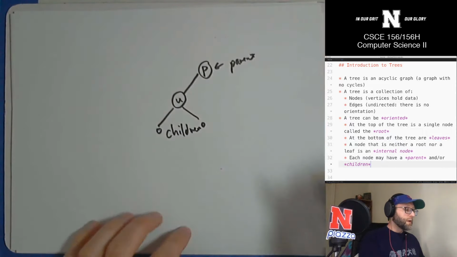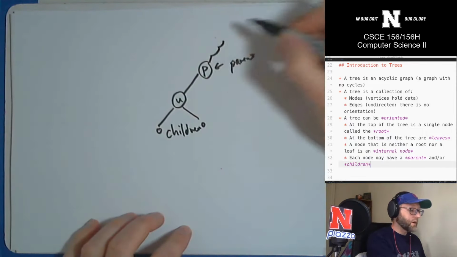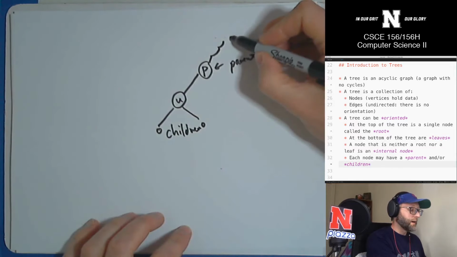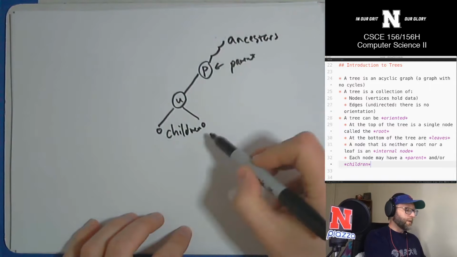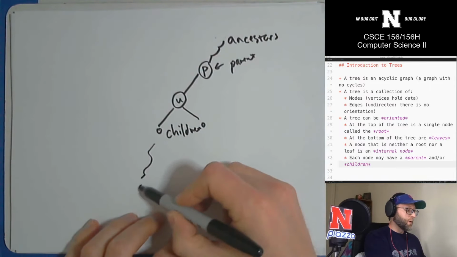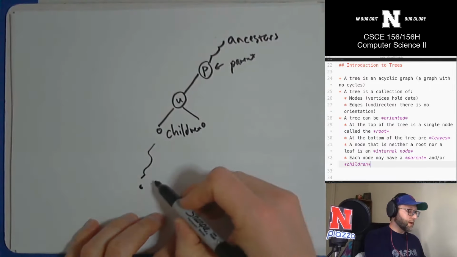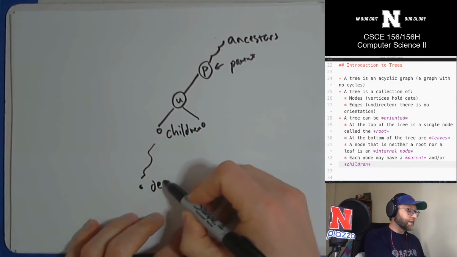Now you can use other terminology. You can use ancestors, and not the immediate children, but more nodes down here, you can call those their descendants.